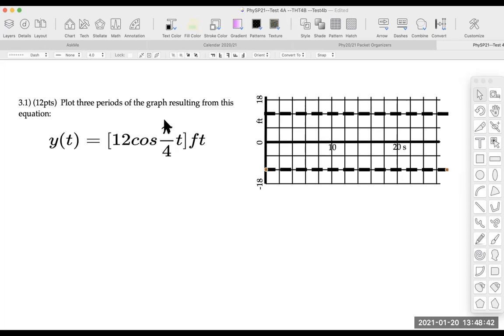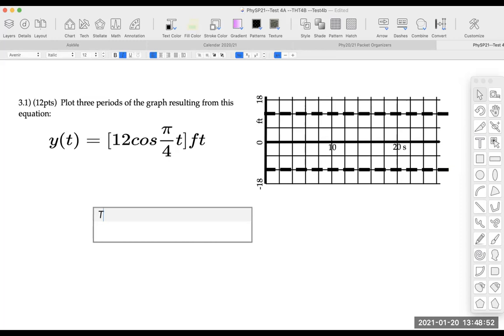So that's omega. Pi over 4 equals omega. Remember that T_P is equal to 2 pi over omega.